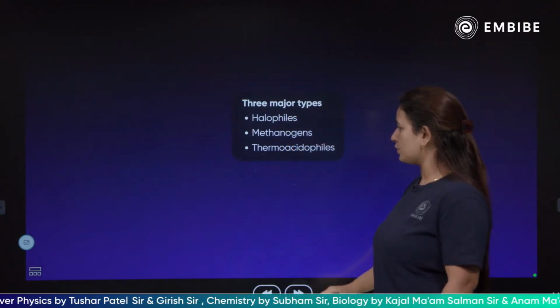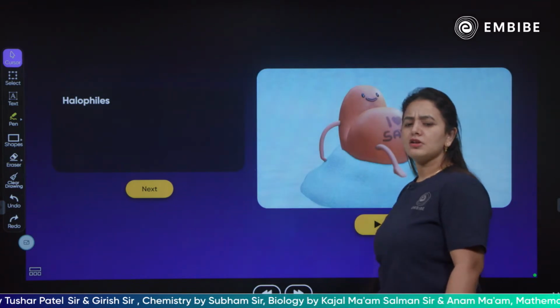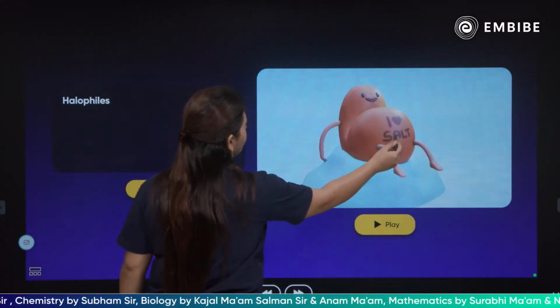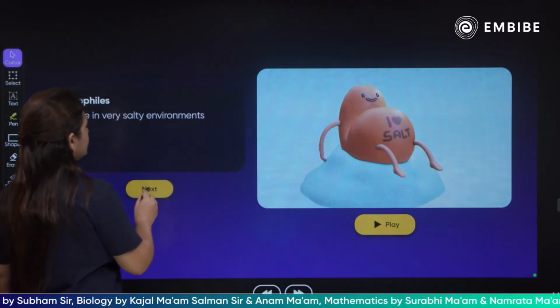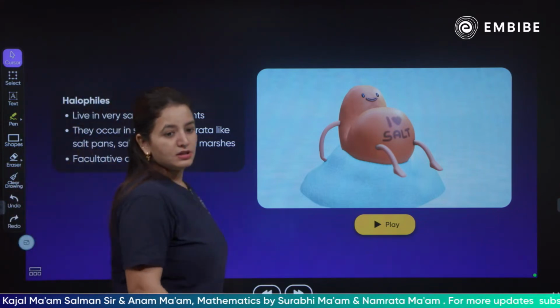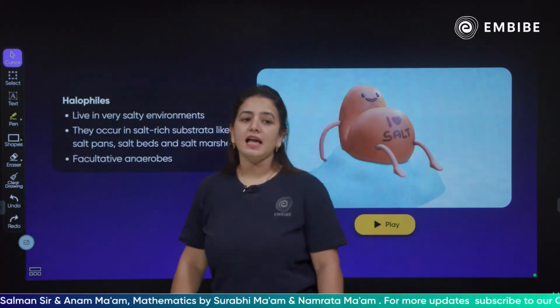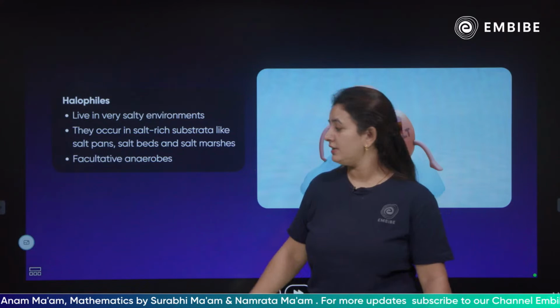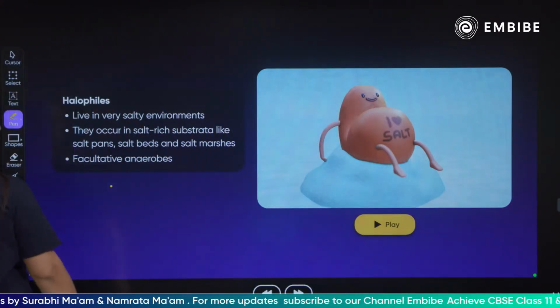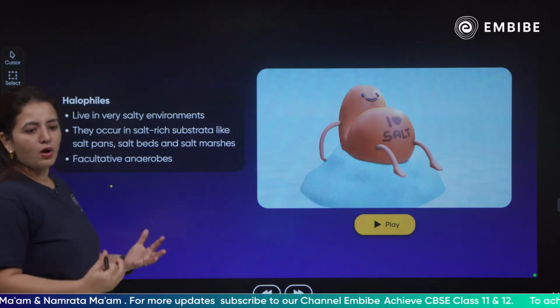The very first we are going to talk about is the Halophiles. What are Halophiles? As the name suggests, I love salt. Halo means presence in extremely saline conditions. Children, they are present in extremely saline concentration, rich in salt.